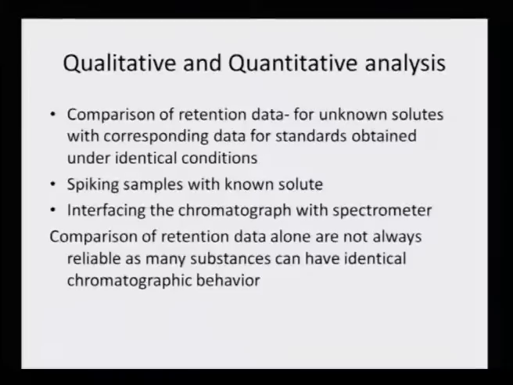Spiking samples with known solute, interfacing the chromatograph with spectrometer. Comparison of retention data alone is not always reliable, as many substances can have identical chromatographic behavior. I would like to draw your attention to the fact that suppose we run a GC of a standard and an unknown, and we find that the retention time is the same, can anyone say with surety that it is the same compound?